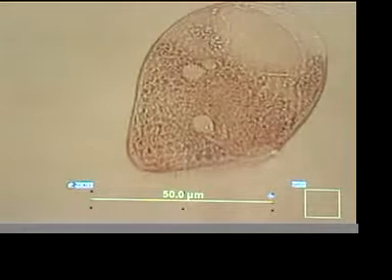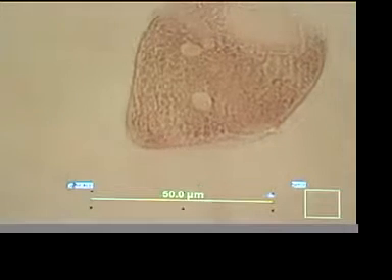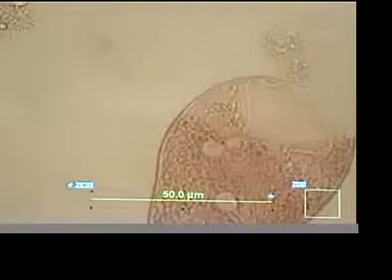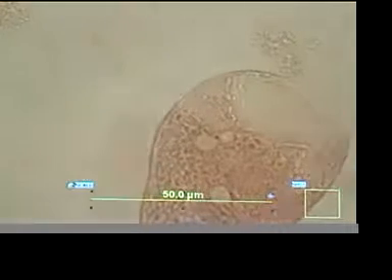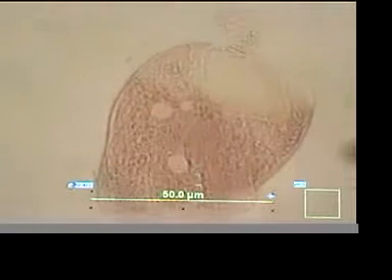Adjust the focus a little bit. That's me adjusting the microscope again. Since he's swimming upwards, I'll move the shot. I'm moving the microscope stage a little bit.